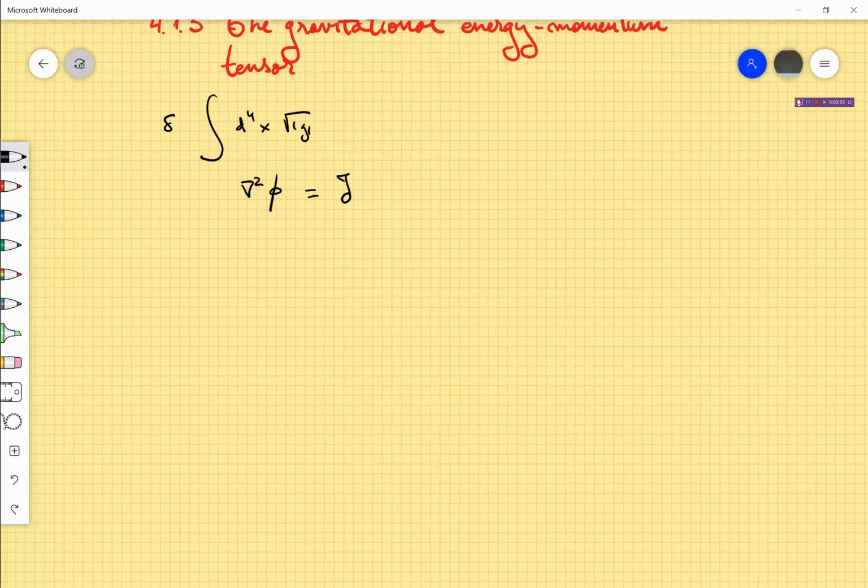We have a general Lagrangian that depends on phi, derivatives of phi, whatever, and the metric.